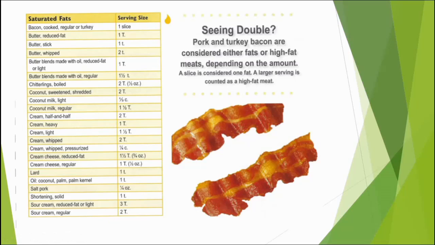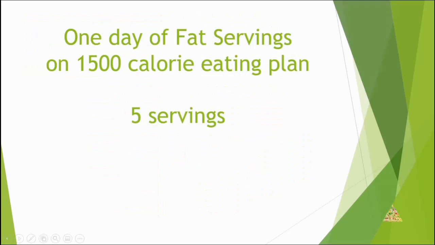But if you have a larger serving size, such as 2 to 3 pieces, that would be considered a high fat meat exchange. On a 1500 calorie eating plan, you can have 5 fats per day.